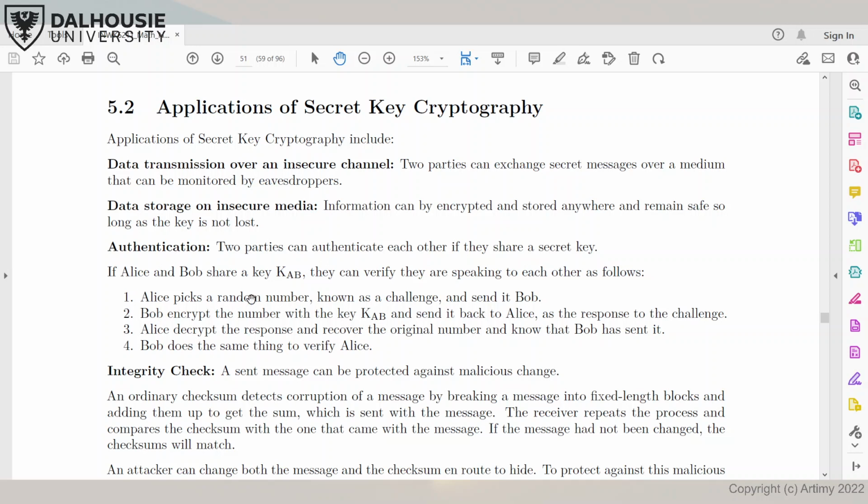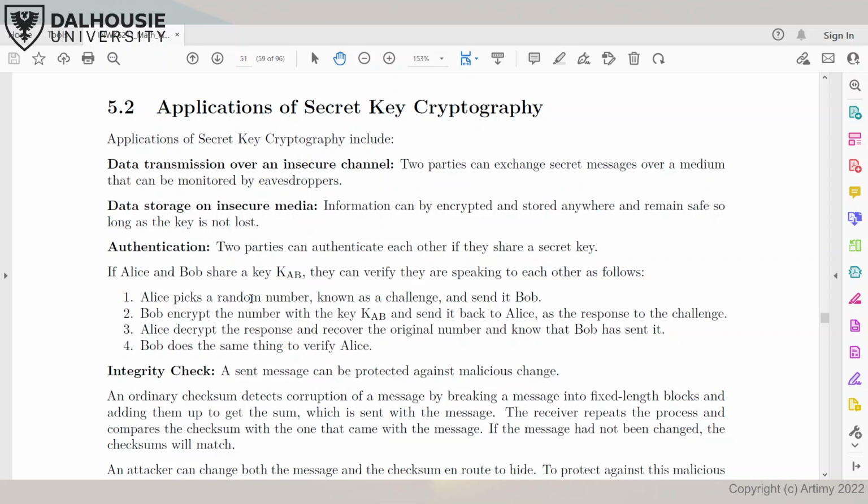So one way to do the authentication is for both of them to agree on a key. Probably they meet over coffee somewhere and they write down a key, each one of them memorizes it, so now they know the secret.